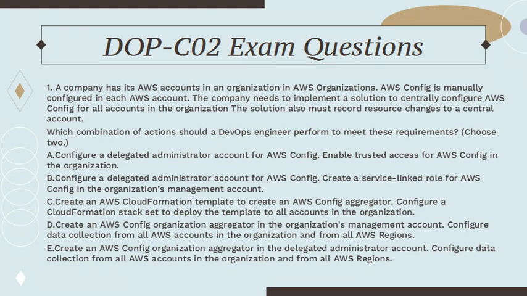Configure data collection from all AWS accounts in the organization and from all AWS Regions. E. Create an AWS Config organization aggregator in the delegated administrator account. Configure data collection from all AWS accounts in the organization and from all AWS Regions.